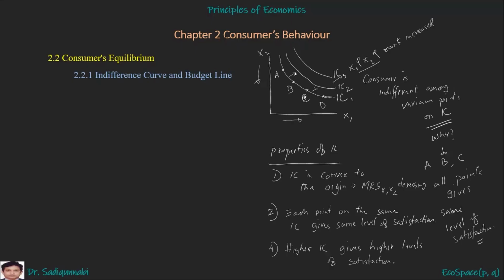When various ICs are on the same graph, this is called an indifference map. And a single IC means an indifference curve.